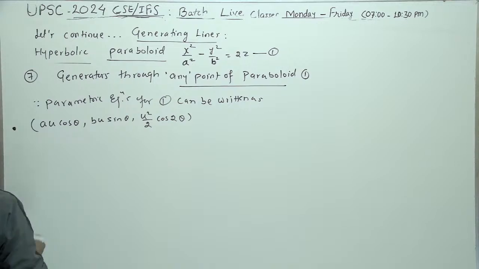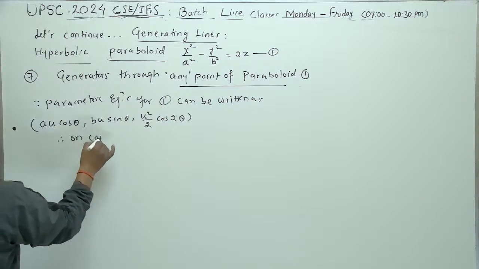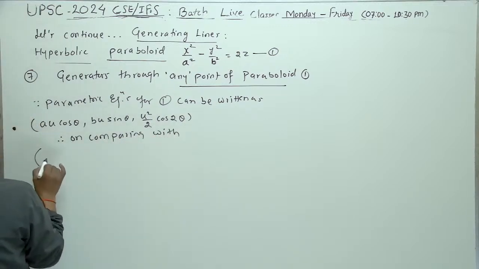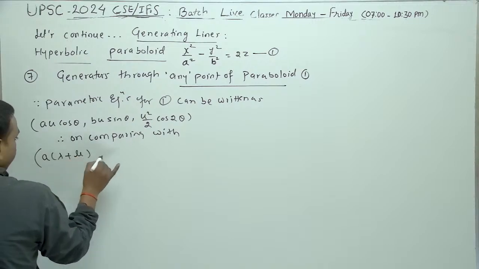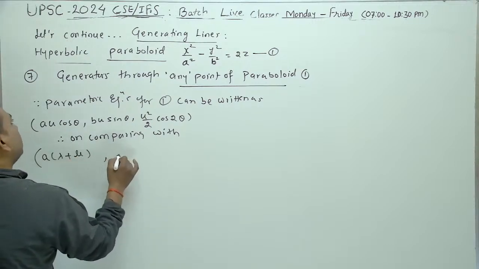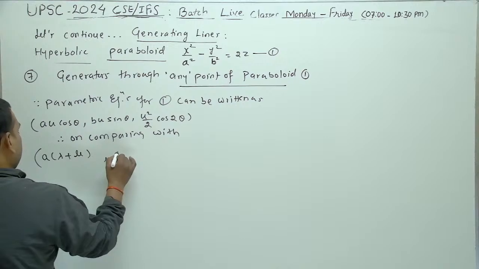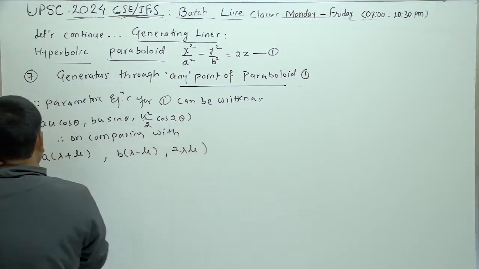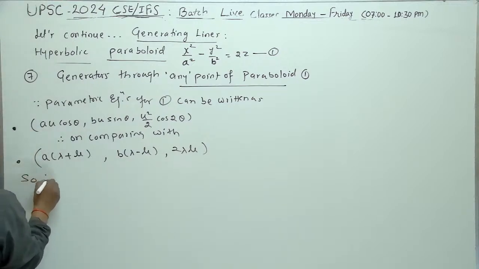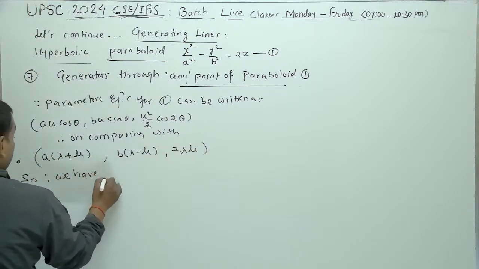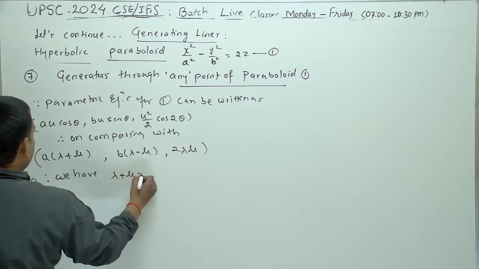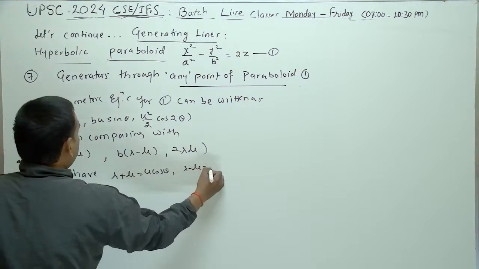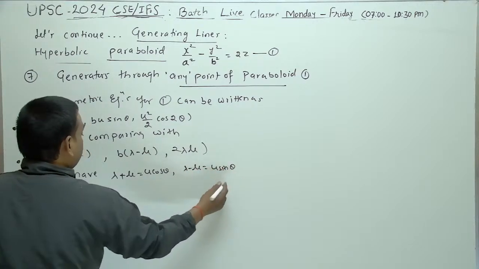So if I look, on comparing with the first point, x component is a into lambda plus mu, and the y component, b into lambda minus mu, and 2 lambda mu, I guess, yes, right? So we get lambda plus mu equals u cos theta, lambda minus mu equals u sin theta, right or not?